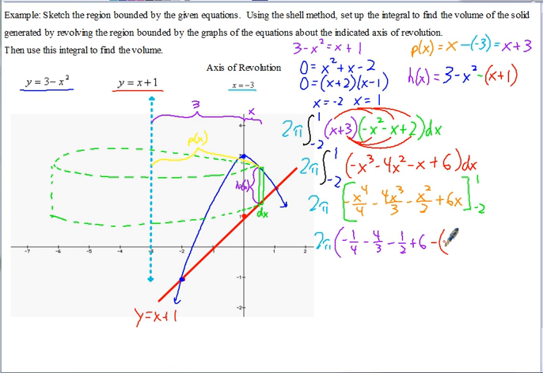That negative makes it a negative there, a -4. Then -2 cubed is -8 times 4 is -32, but that makes it a positive right there, so positive 32/3. And then -2 squared is 4, divided by 2 is 2, -2. And we can substitute -2 there, that's -12.